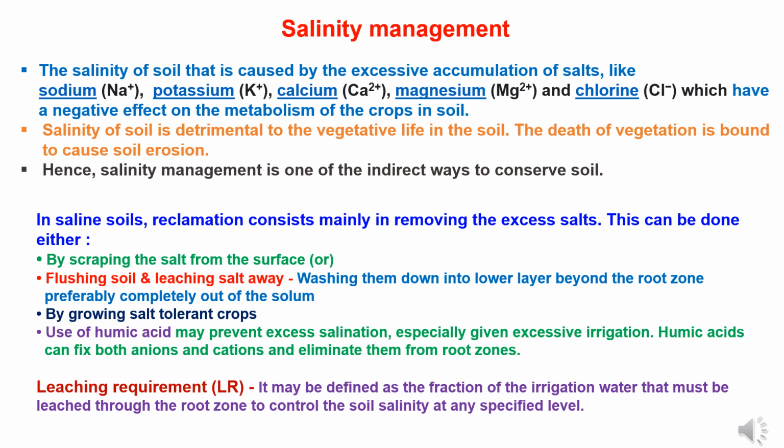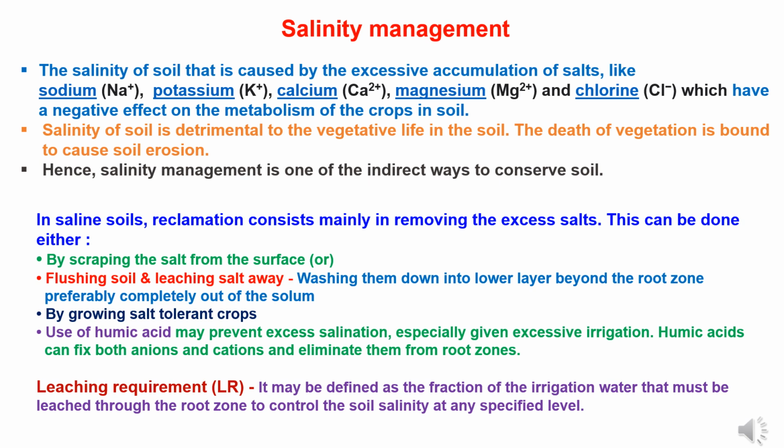Third method is growing salt-tolerant crops. And fourth, use of humic acid, which may prevent excess salination, especially given excessive irrigation. Humic acids can fix both anions and cations and eliminate them from root zones.